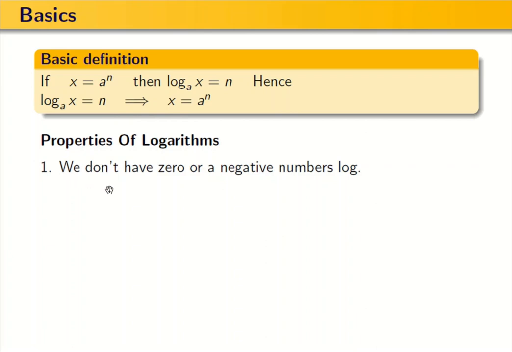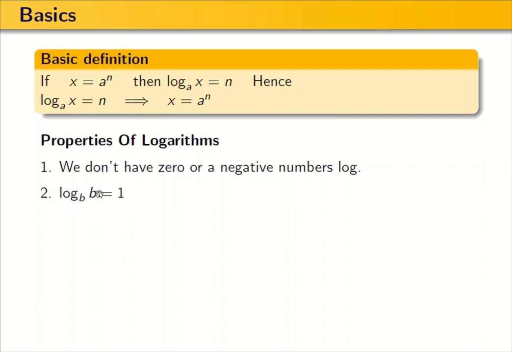Properties of logarithm: we don't have logarithms of zero or negative numbers. In other words, we don't have logarithm of zero and a negative number. That is one property you should know. Then the logarithm of b to the base b, or the logarithm of any number to the same base, is equal to 1.